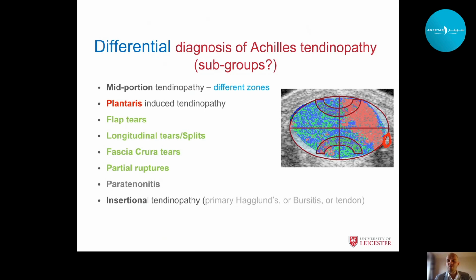Now, the other more problematic ones that we see as clinical entities are where there may be collagen tears themselves, whether that's a flap tear where you've got a section that's pulled off, normally on the posterior of the tendon, or splits where the tendon is pulled apart. They're particularly challenging clinically to manage in my experience and many of my colleagues' experience in the UK, and certainly in elite sports.